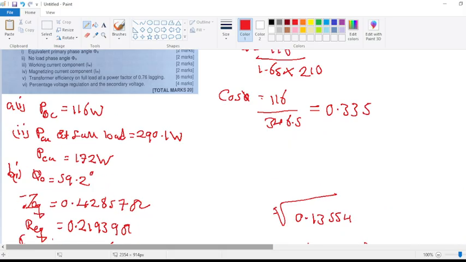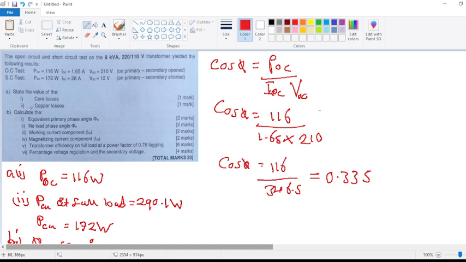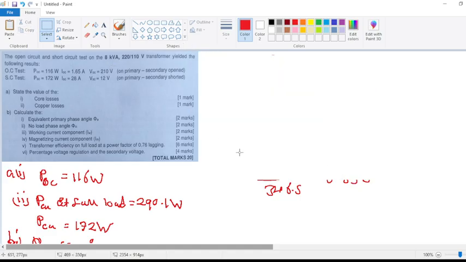Then we go to question B3, the working current component. Let me just erase this. So the working current component is what we have to calculate.